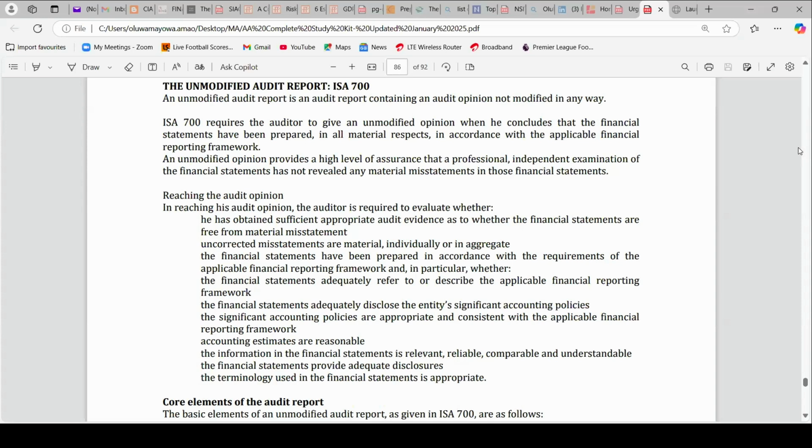Once the expectation gap is narrowed or closed, the auditor doesn't have a problem. The first thing is that the responsibility for closing the expectation gap lies with the regulatory and professional body that oversees the work of the auditor.